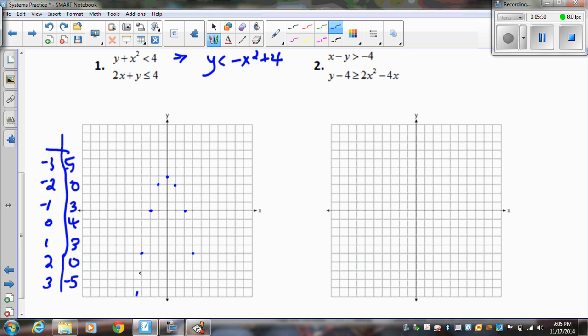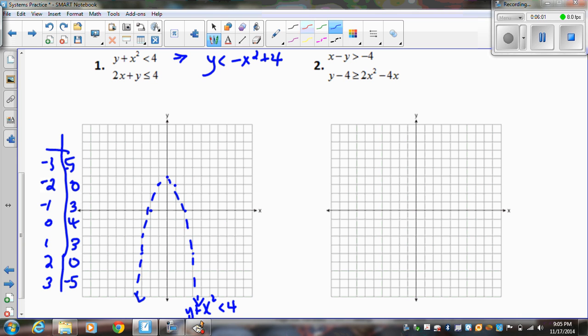And then I'm going to do my best to make a dashed parabola. It's not pretty, but it will do. I'm going to have arrows at the end of this. I'm going to label this with its original equation: y plus x squared is less than 4.